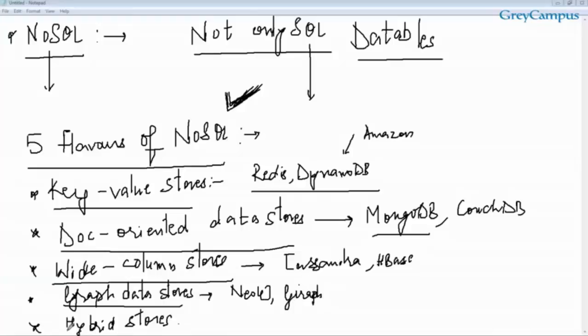Hybrid store is something which does not follow one architecture, it follows a mix of everything. Example of this is OrientDB. Some of these databases are doing very good, one is Cassandra. Both of them individually are big data solutions. They have their offerings where they can actually do proper solutioning for problems related to big data.